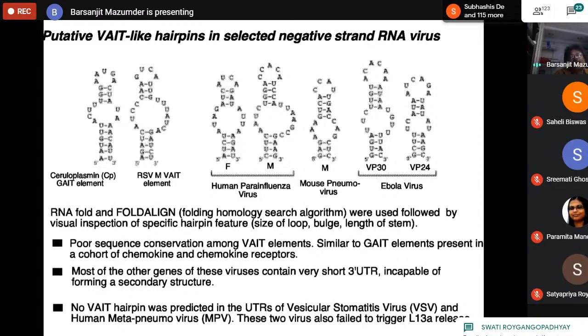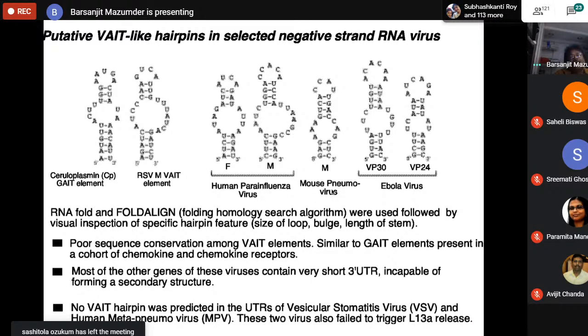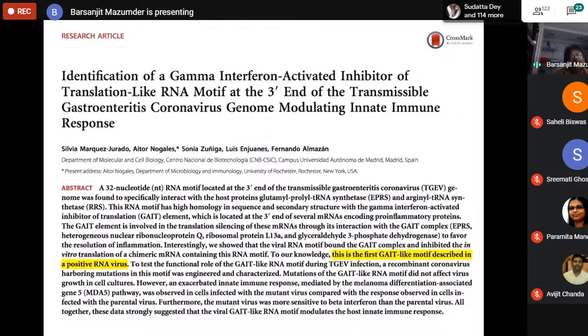And not only for RSV, we have seen this GAIT element in human parainfluenza virus, mouse pneumonia virus, and also Ebola virus. And surprisingly, when we were working on this, after a couple of years, all of a sudden a group from Spain published a paper where they identified a GAIT element in the gastroenteritis coronavirus genome that might be modulating the innate immune response.